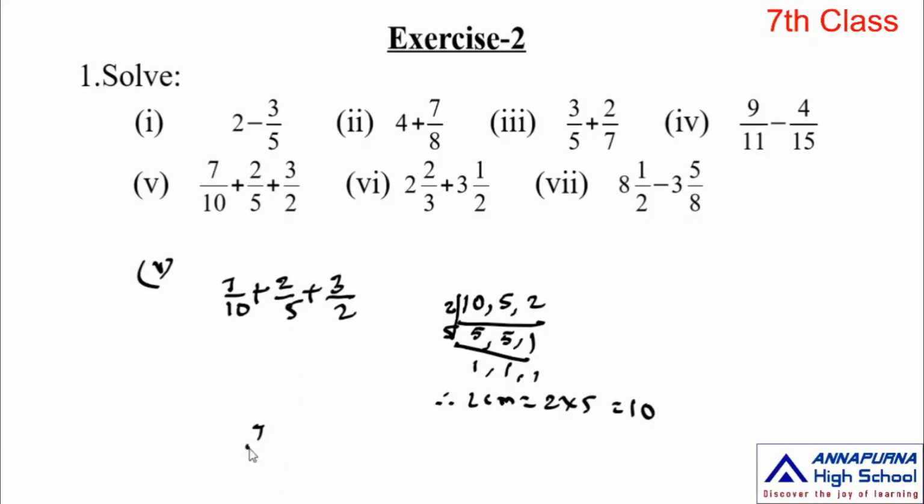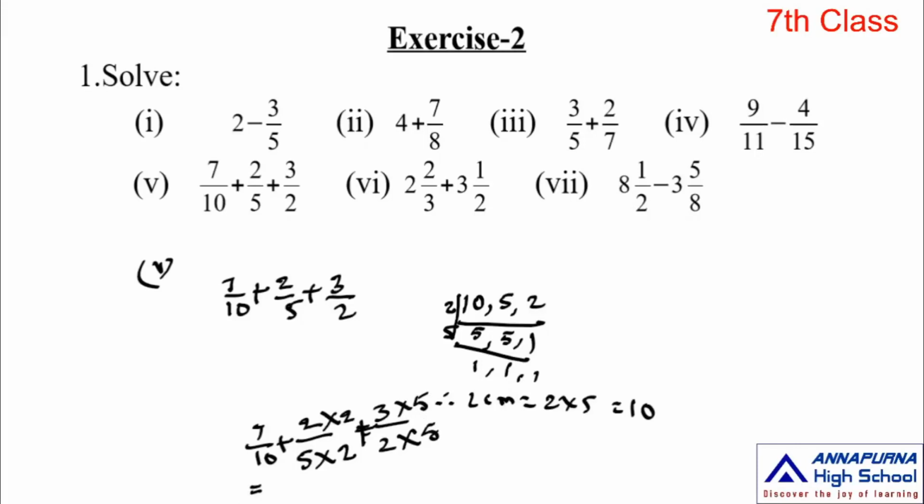Which number is to be multiplied by 5 to get 10? 5 2s are 10, and the numerator also by 2. Now take this one, plus 3 by 2. 2 into how much? 5. 2 5s are 10, numerator also by 5.